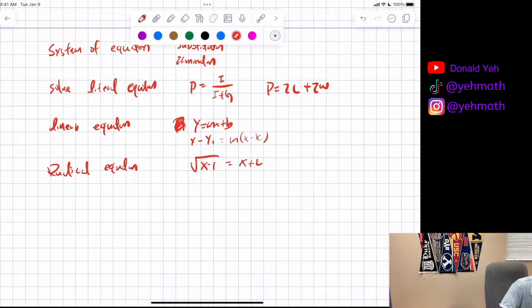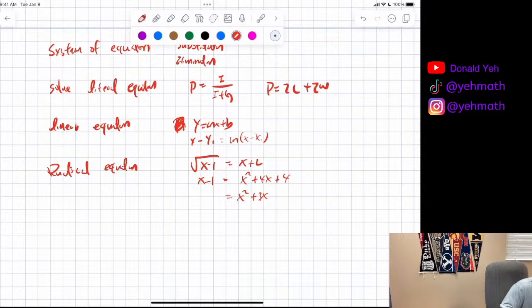You would square both sides, getting x squared plus 4x plus 4 and so on. This one might not work out, but anyway, you get the idea.